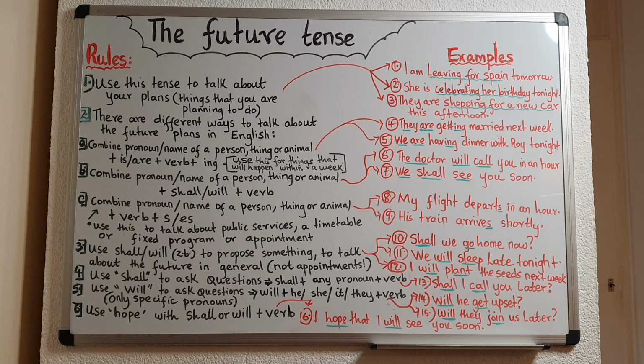Will he get upset? And then example 15. Will they join us later? So will is according to the first part of rule number 5. So will plus they plus join, which is the verb.